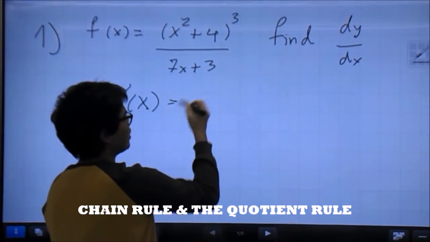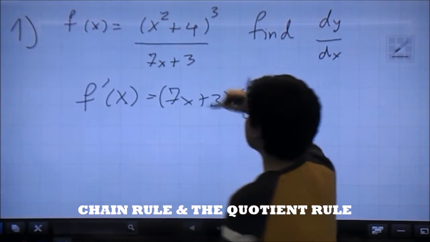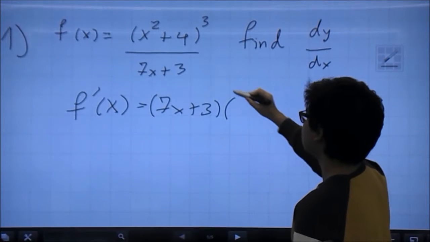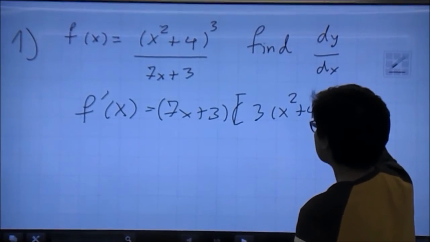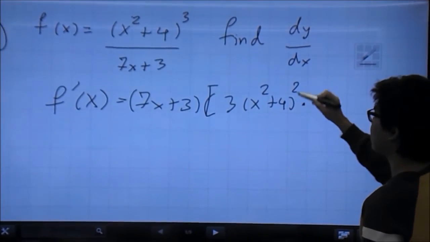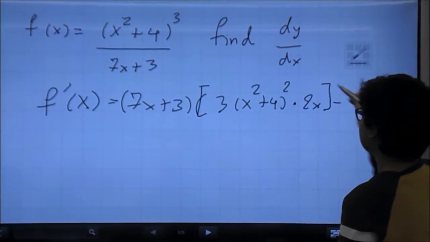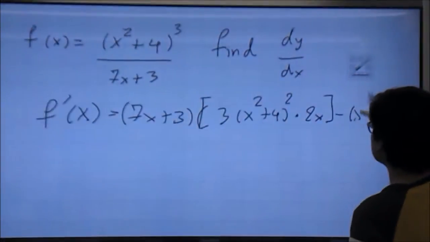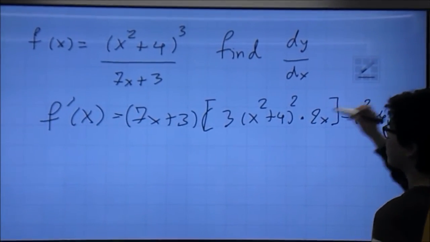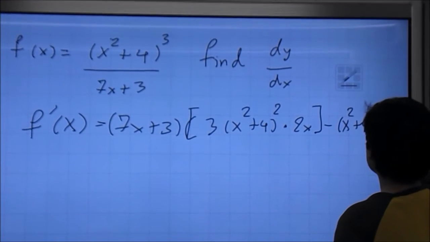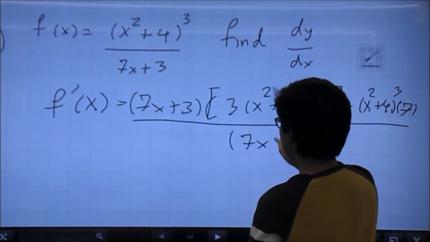So the bottom one multiplied by the derivative of the top one, which in this case is 3 times x squared plus 4, and then multiplied by the derivative of the inside, which is 2x, subtracted by the original of the top one, multiplied by the derivative of the bottom one, which is 7, over the bottom one squared.